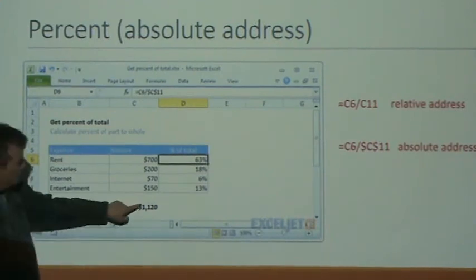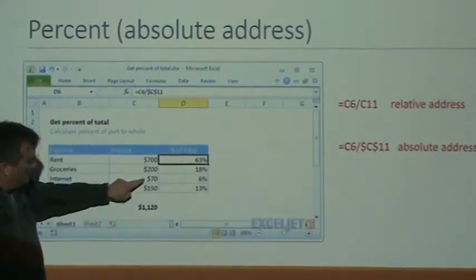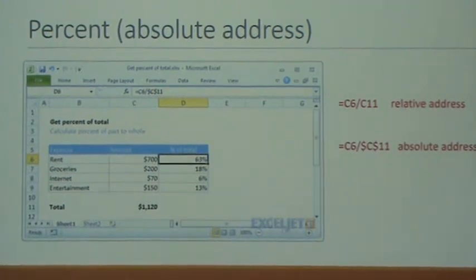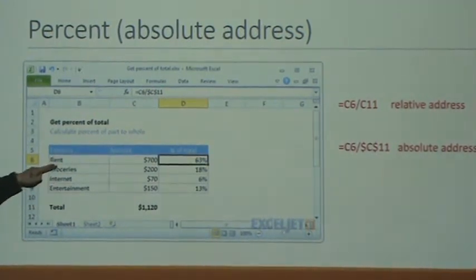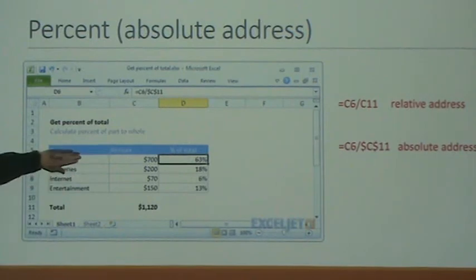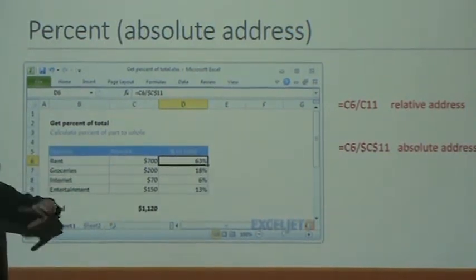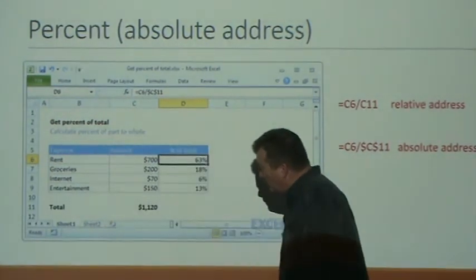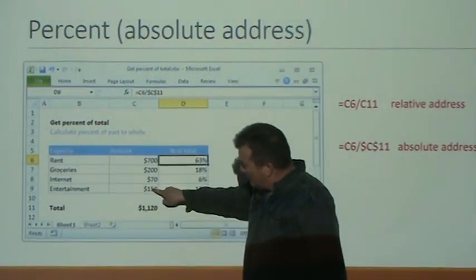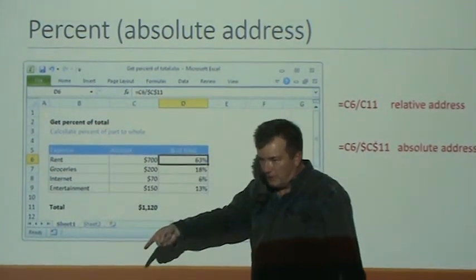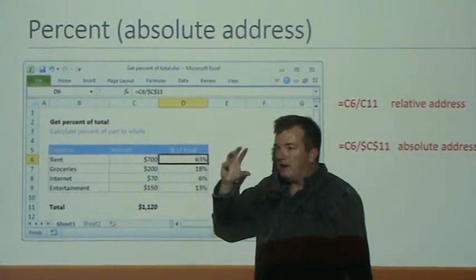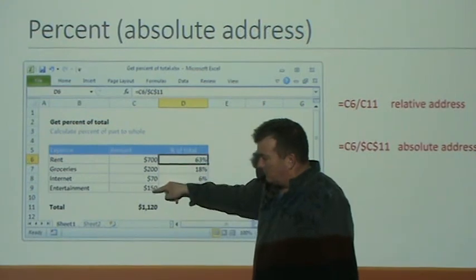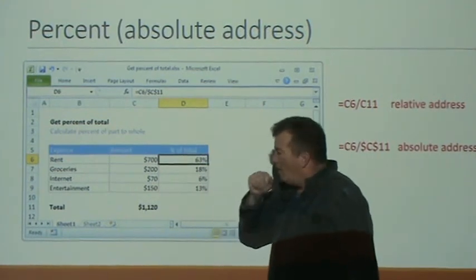So when we calculate, if we had these four numbers, and we wanted to draw a pie chart of rent, groceries, internet, and entertainment, we could shade this column to be the labels of the pie chart, and then shade this column to be the numbers of the pie chart, but the slices of the pie are always percentages that this number is of the whole pie.